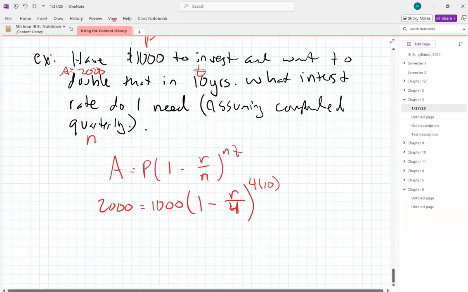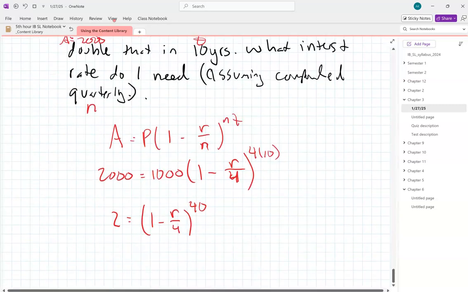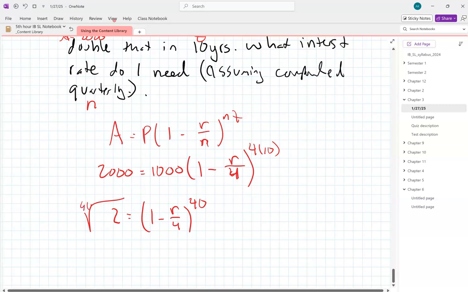So I'll start by dividing both sides by 1,000. Now to get that, I'm going to have to do the 40th root of both sides.